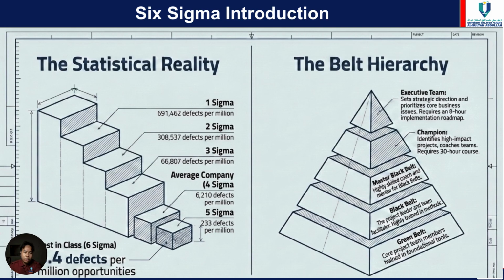Okay, so why do we call it Six Sigma? We start with one sigma, two, three, four, five, and then six.